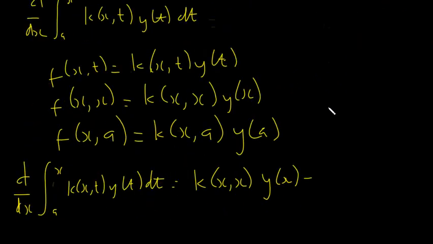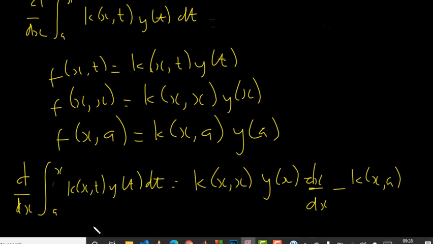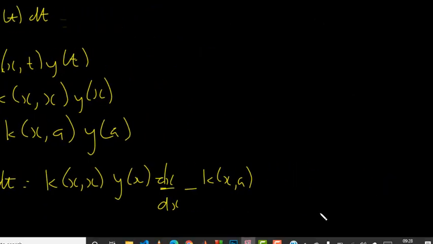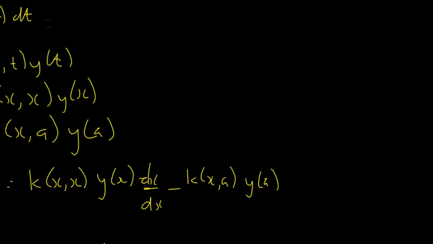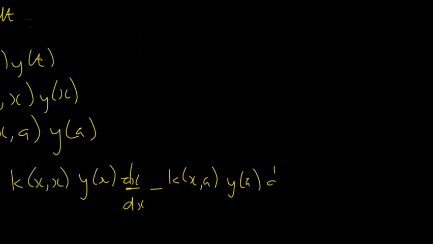So the derivative of x with respect to x, that's dx over dx, plus, minus, k of x a, let me shift this a bit to the right, k of x a, then y of a. We know that's going to be this part, f of x a, multiplied by the derivative of a with respect to x. That's the derivative of the lower limit.